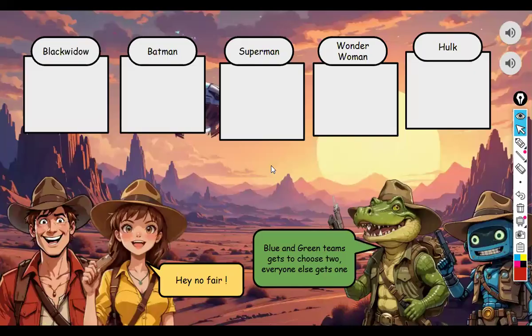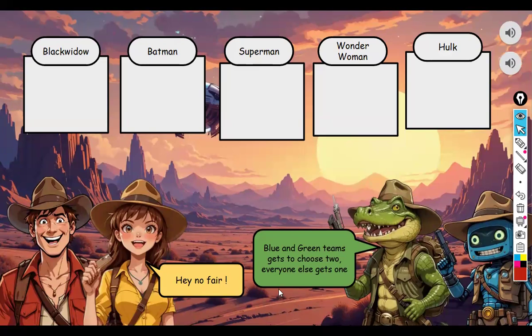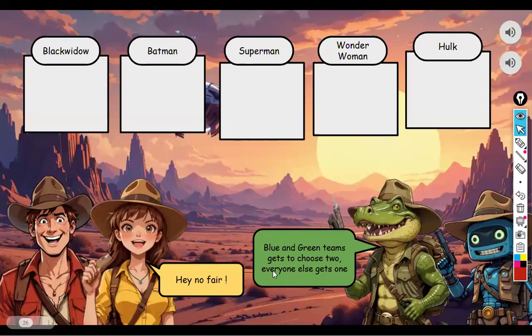Before we go, I just want to do one more before we leave, because it's almost 1:30. Look how fast 2 hours almost passed. So let's look at the rules here. Blue and green teams get to choose 2 superheroes. So for the blue and green teams, choose your favorite 2 superheroes.